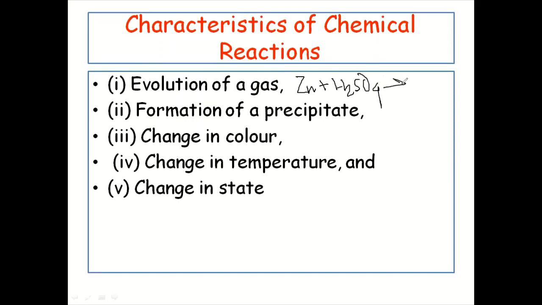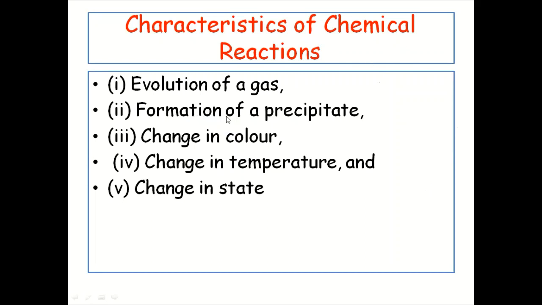There's a reaction. During this reaction, zinc sulfate is produced along with evolution of hydrogen gas. So evolution of gas occurs in this case. That means there can be evolution of gas, but in every reaction it cannot happen.